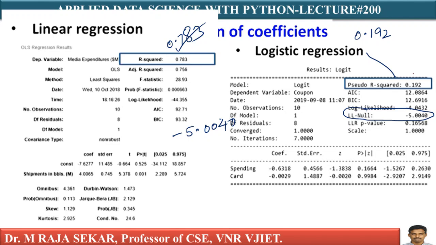Log likelihood of the model, so we have to find the difference. How can I calculate? Let me calculate this particular value. What is the formula? Just refer to my previous slide.